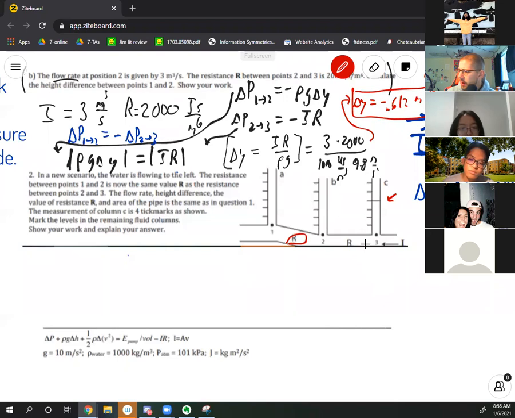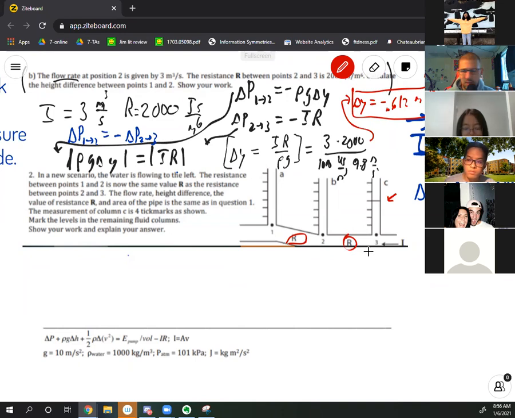In the first part, if I look again at my Bernoulli equation, I've got the same current, no change in height, no pump, and no change in surface area. So because the resistance is the same and the current is the same, and there's no height difference, I have the same drop in pressure that I had in the previous scenario.